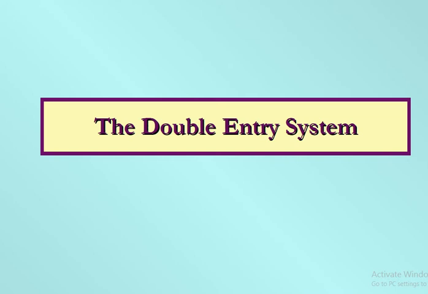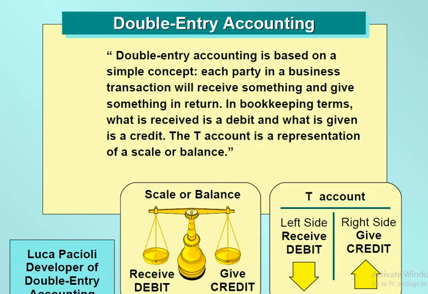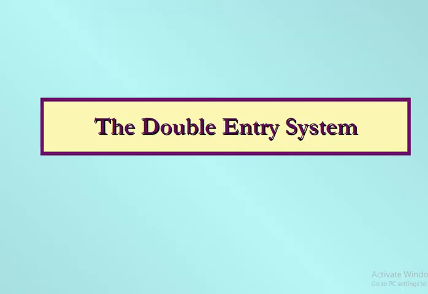The double entry system in detail. What is the double entry system and why is the single entry system being replaced by the double entry system? Before going into the details of the double entry system, the single entry system was the initial system where only one aspect was recorded in the business, the giving aspect or the receiving aspect.